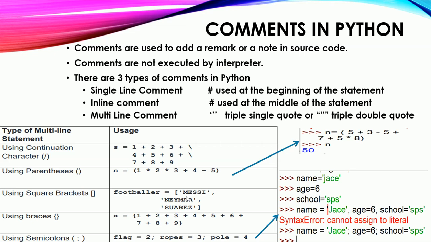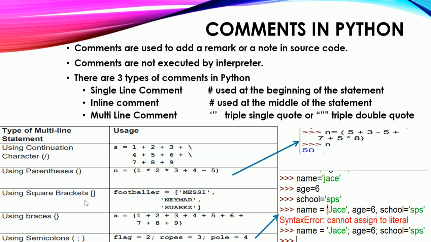Then in the third line I close the square bracket, which is the end of the statement. In footballer, three names will be stored. Next, using braces: x equal to, within braces I can write the same way as with parentheses. The same can be done with square brackets as well.